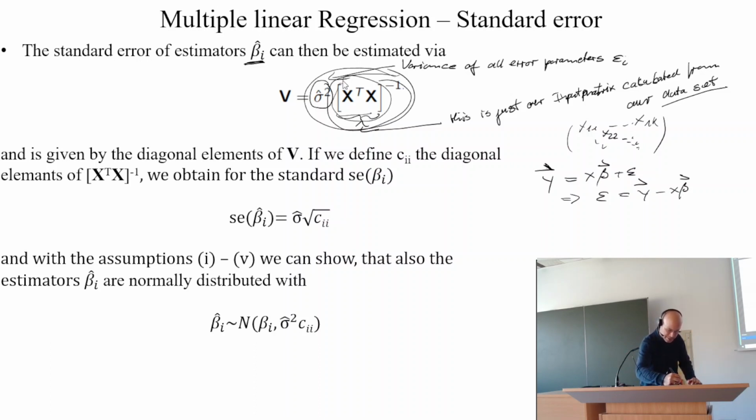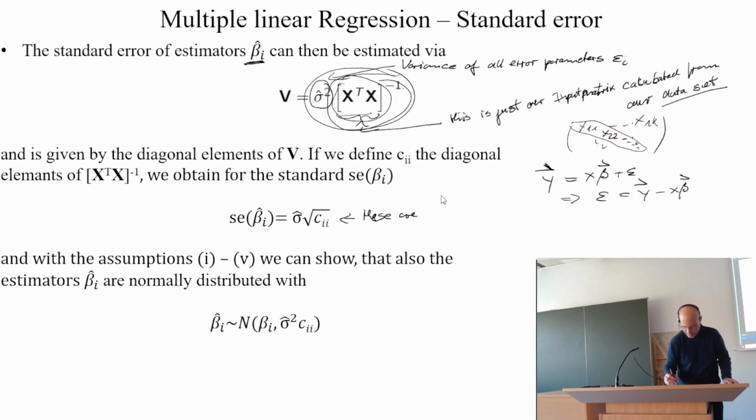This means from this matrix, we are taking out this vector here. And these are the errors for every estimated beta.